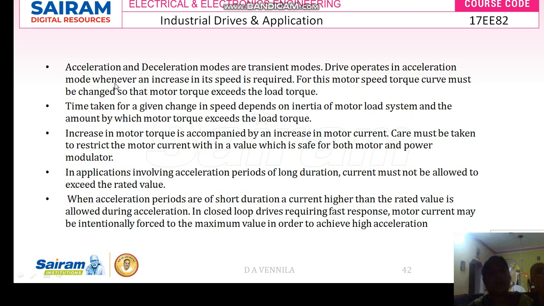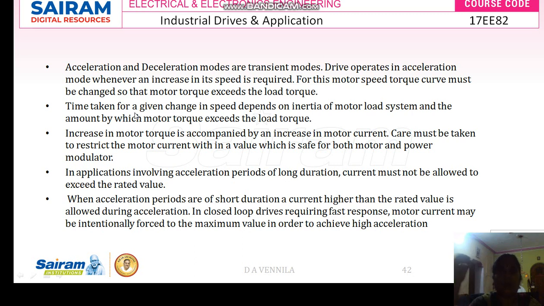Generally, when the motor current is increased, the motor torque will increase. During this condition, care has to be taken, because whenever more current is flowing in the circuit, that is very dangerous.